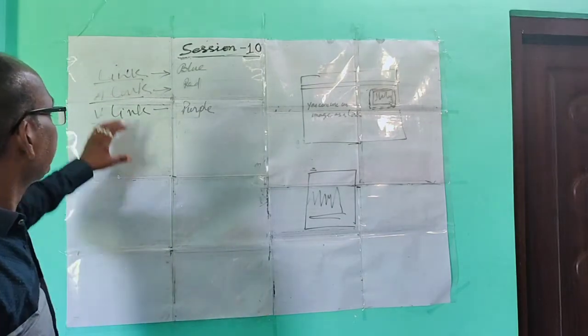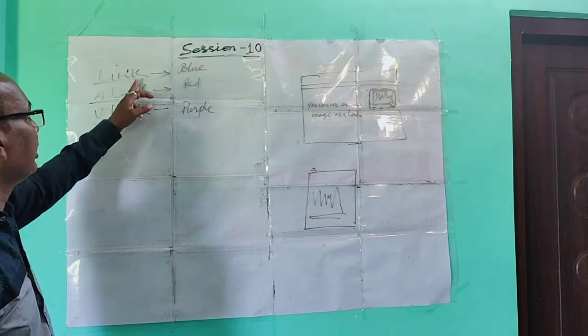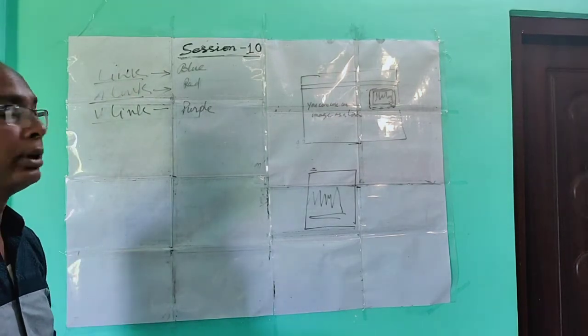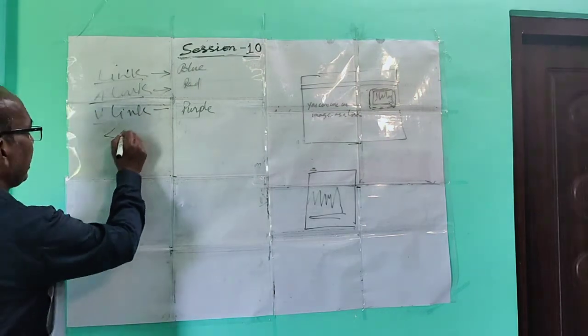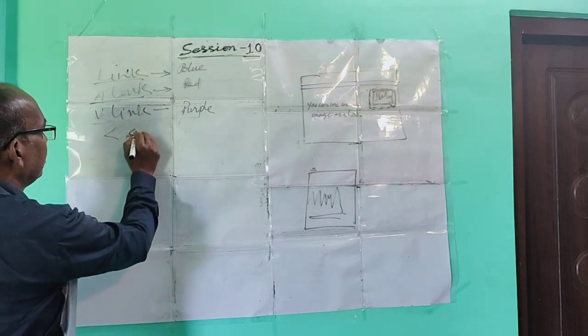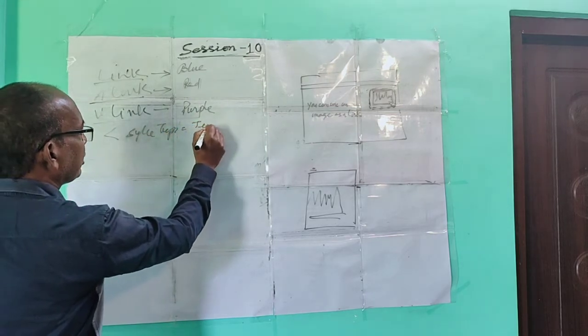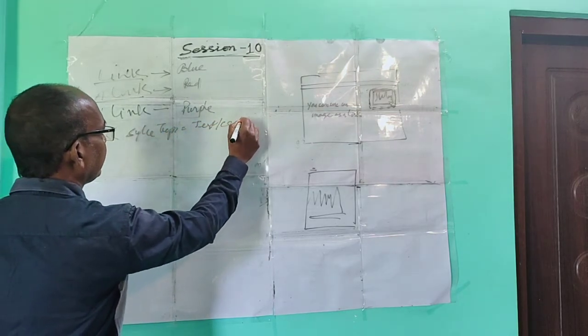To specify a different color, if you want to change the link, A link and B link colors, then this should be written between the style tag. That is style type text/CSS.